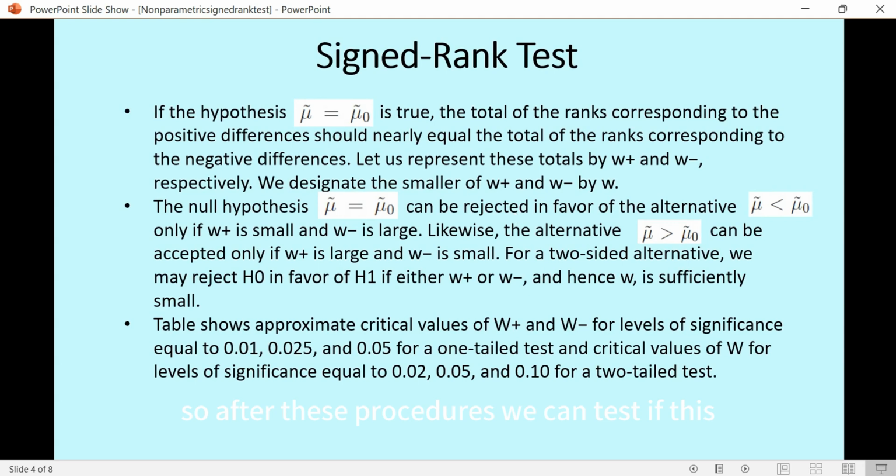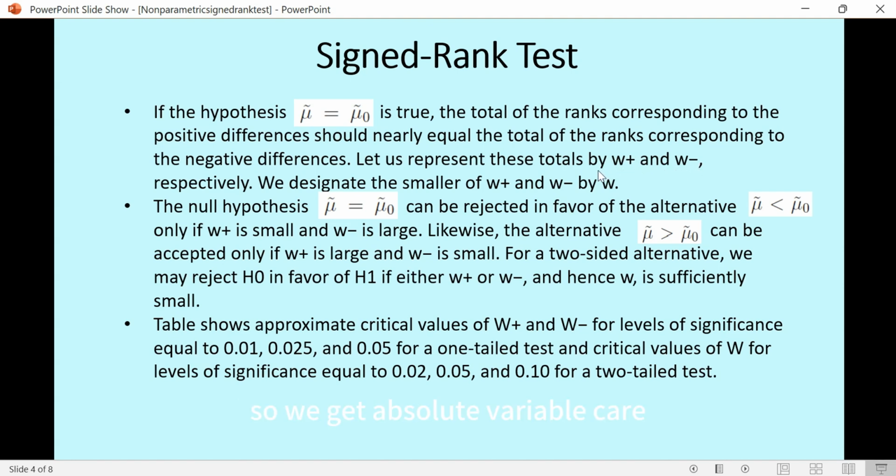After these procedures, we can test whether this hypothesis is true, or reject it if it does not seem true. From the ranking data, the negative differences and positive differences are assigned to totals, W plus and W minus.